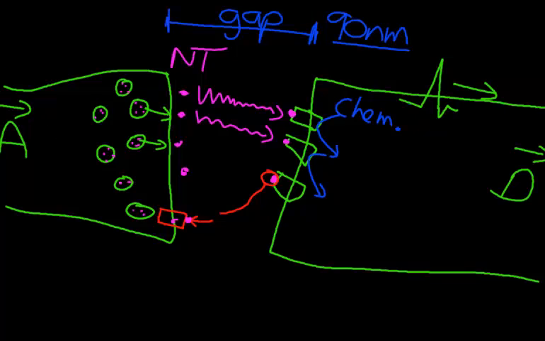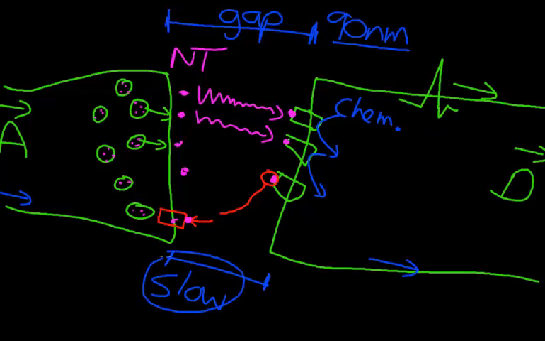Now do remember that this process is relatively slow. This process is slow in comparison to the movement of action potentials down nerve fibres. And this is what we call the rate limiting step. So in other words, when you want to do something very fast, say a reaction to a ball coming at you at a rapid rate, the principle of the nervous system will minimize the number of synapses in that process.